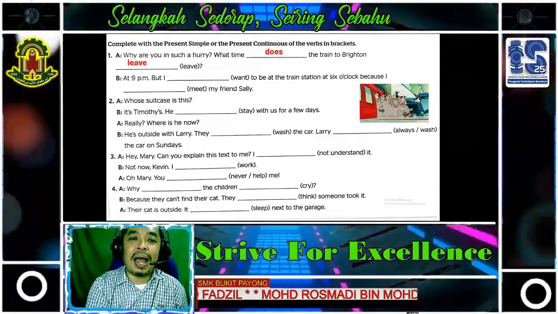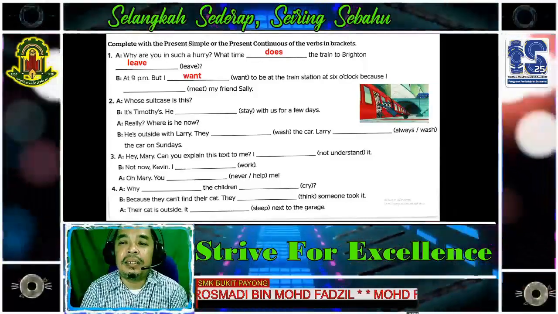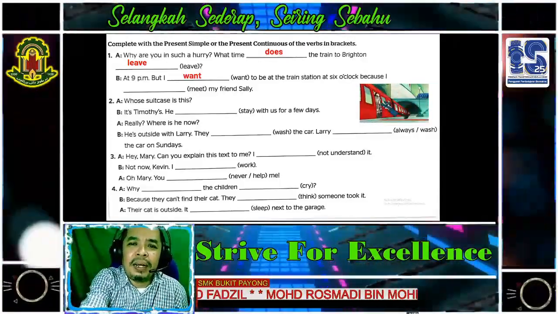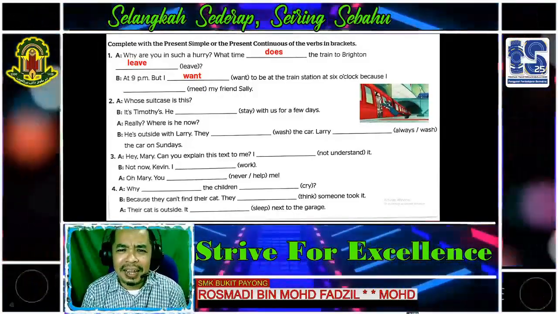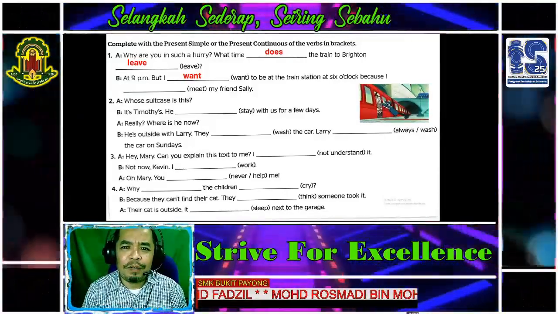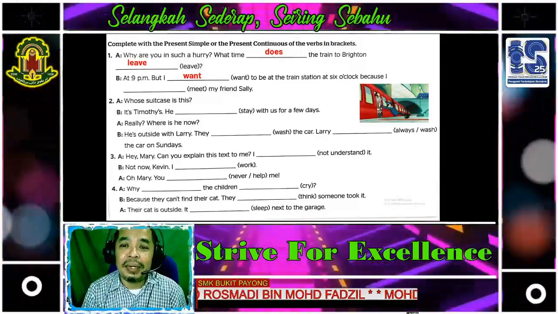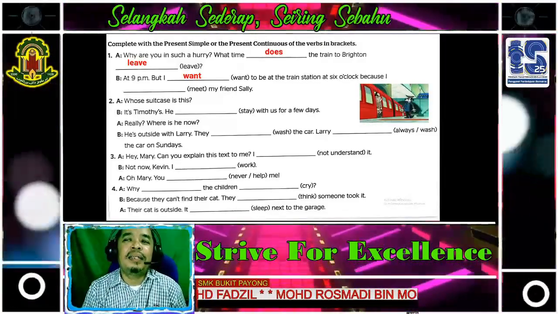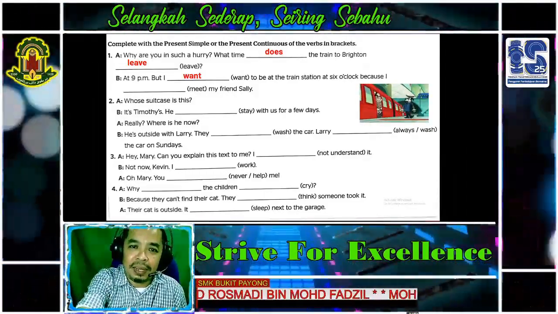But I want to be at the train station at 6 o'clock. Okay. Pelik tak kalau kita sebut I am wanting? See? Kan? We never heard that kind of phrase before. Okay. So, but I want to be at the train station at 6 o'clock because I am meeting my friend Sally. Sebab saya nak jumpa kawan saya.